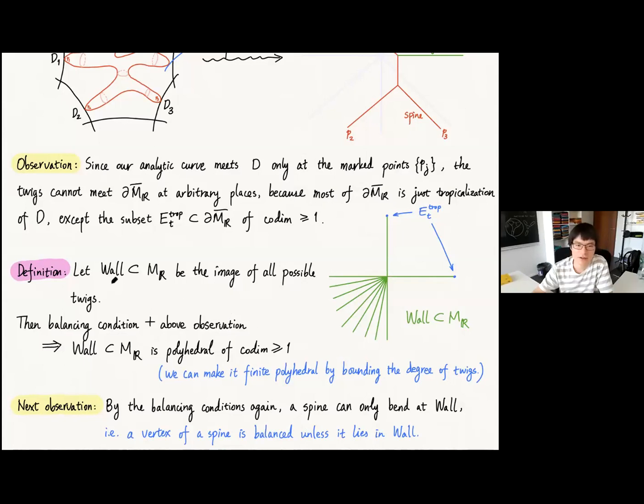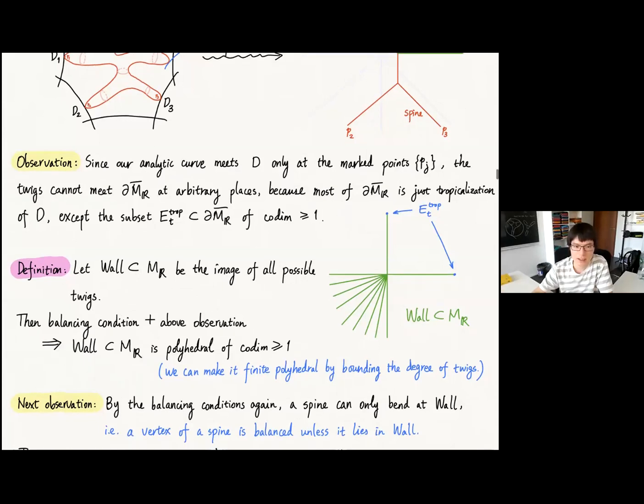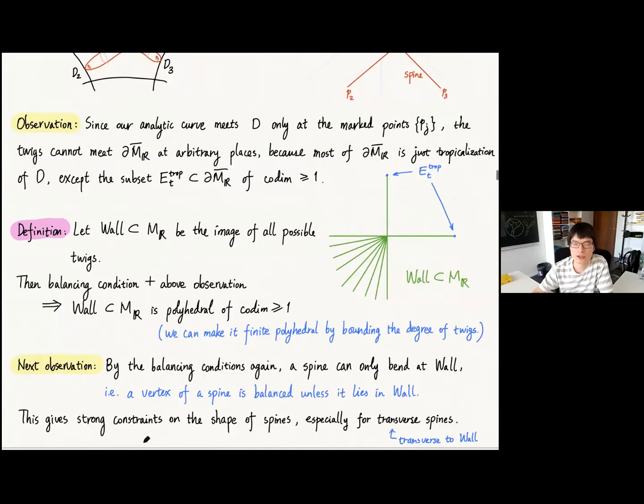And by definition, the wall contains the image of all possible twigs. So a spine can only bend at wall. This gives strong constraints on the shape of spines, especially for transverse spines. Transverse meaning transverse to wall.